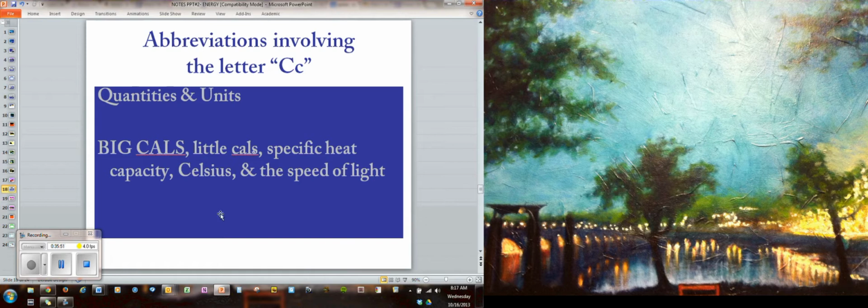Specific heat, however, does have an abbreviation of C. And remember, we can usually put the s-s-p to tell us that it's specific heat. If we just have something else that's called heat capacity, there's no specific there, which means there's no mass. That's just simply going to be a C. Celsius is abbreviated C, but it gets the little degree symbol. And the speed of light is abbreviated lowercase c.